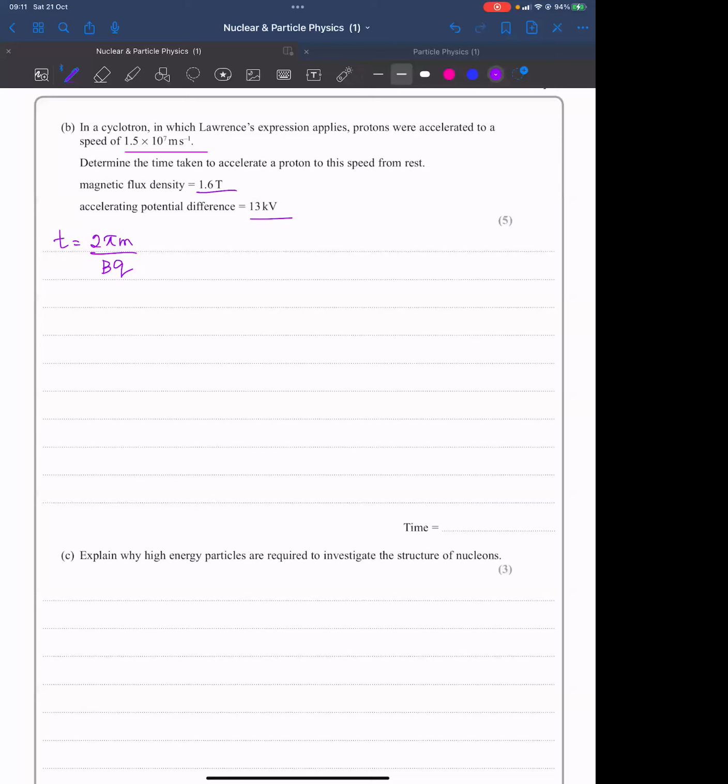I can find the acceleration by using F equals ma.